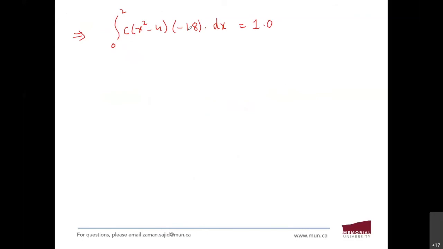Now if you look at this integral, c is a constant, minus 18 is also a constant. I can take them out of the integral, so it will be minus 18 c, integral from 0 to 2 of x squared minus 4 dx, that should be equal to 1.